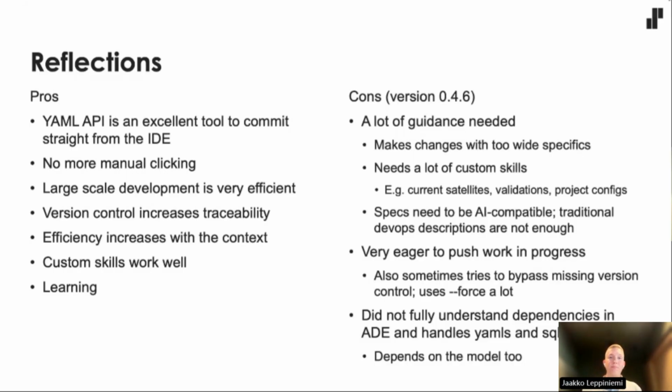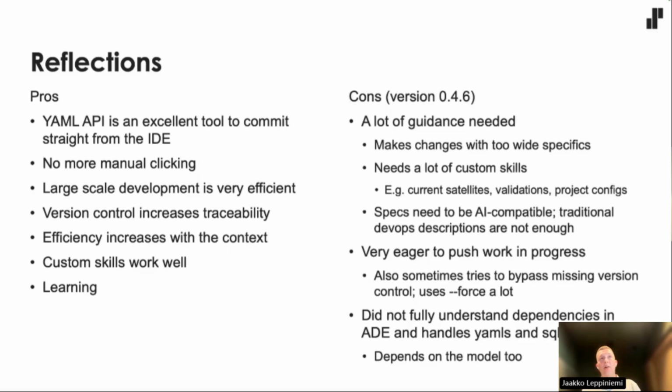So I think this YAML API is an excellent tool for doing the changes. You can create new or edit old and then commit straight from the VS Code. So I didn't really have to click around ADE that much, actually, not at all.